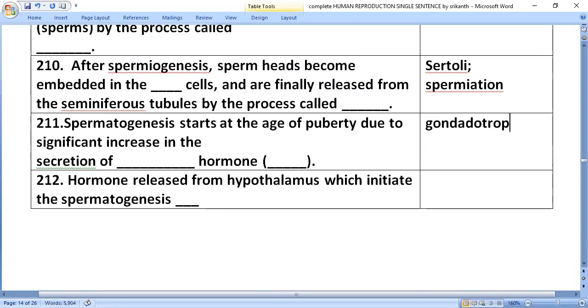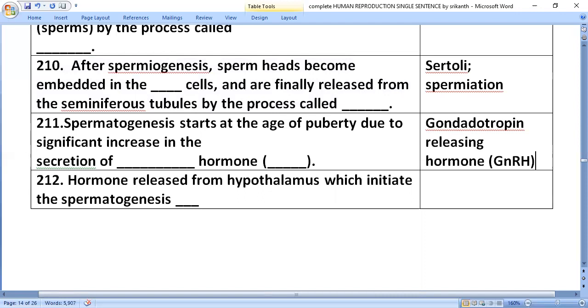gonadotropin releasing hormone, which is released from the hypothalamus and is in brief called GnRH.